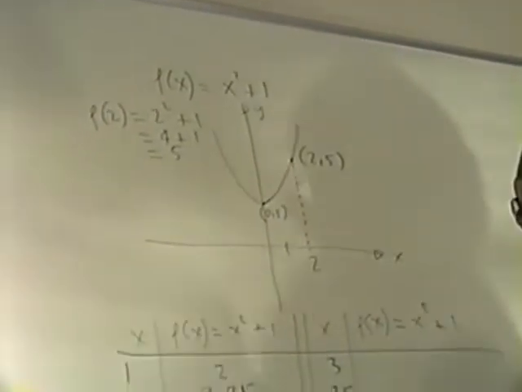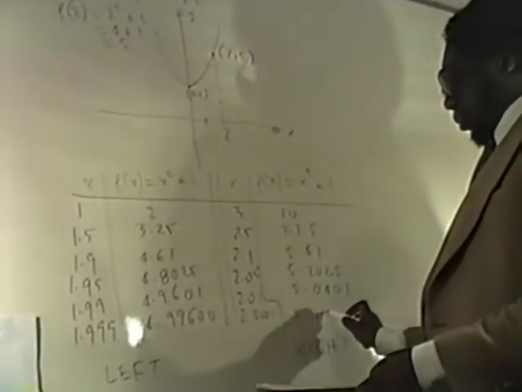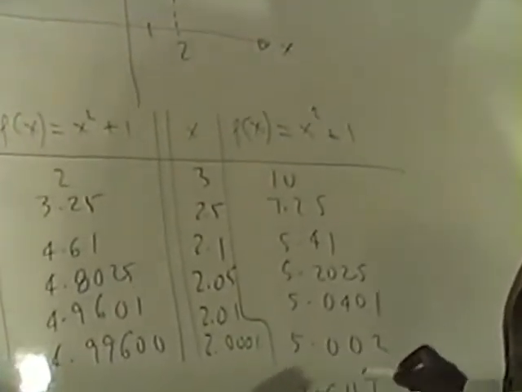On the right-hand side, at x equal to 3, we have f(x) equal to 10, then 7.25, then 5.41, then 5.2025, then 5.0401, then 5.002.